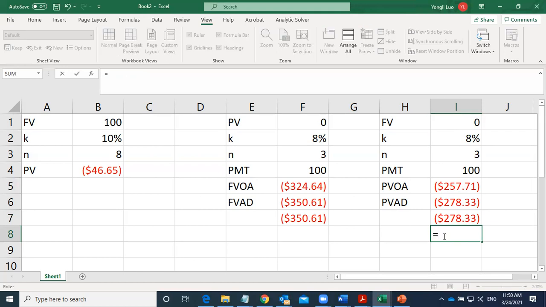Or you use the annuity due divided by the ordinary annuity, which is 1.08, 1 plus the interest rate. It doesn't matter whether it's a future value annuity due or present value annuity due, it is always bigger, by a factor of 1 plus the interest rate.